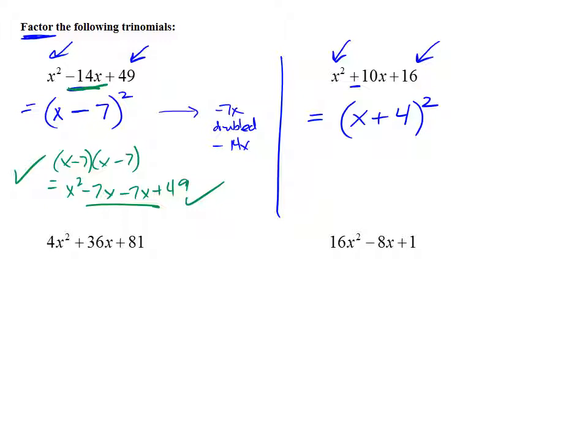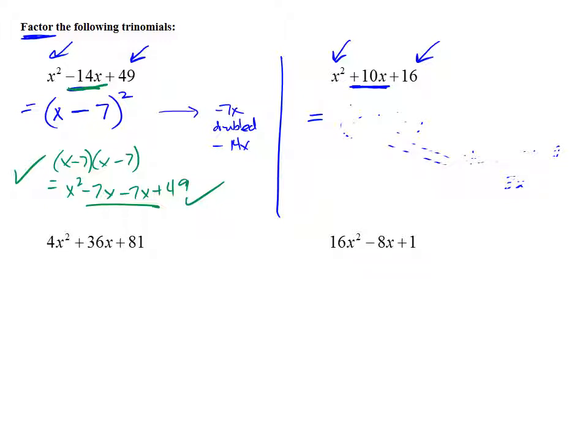X squared is x squared, 4 squared is 16, but if I look at the middle, 4x doubled would be 8x, and that is not what I had here. So this is not a perfect square trinomial, so I cannot use this strategy. Now, it doesn't mean it's not going to factor, but even though it looked like I had perfect squares, it's not going to work. So then we have to just go back to factoring like we normally would.